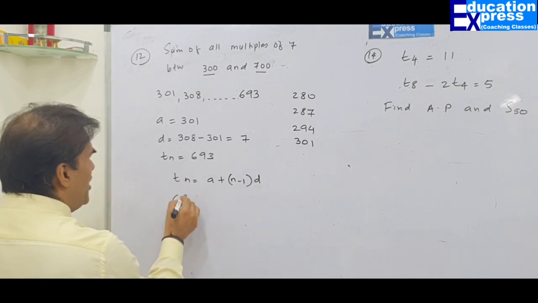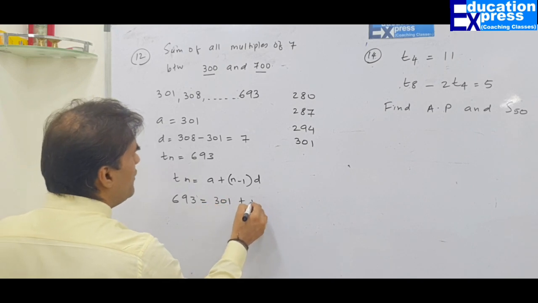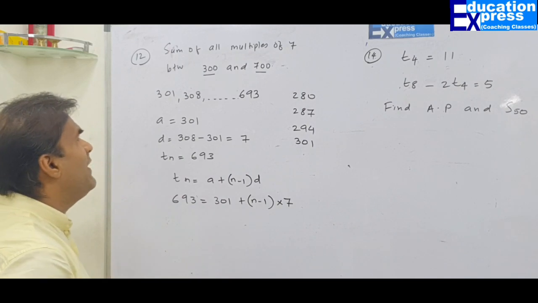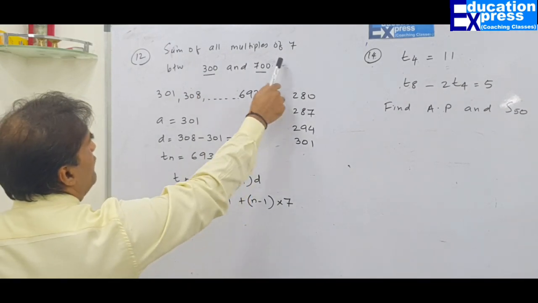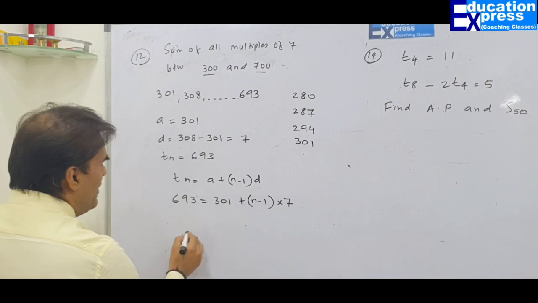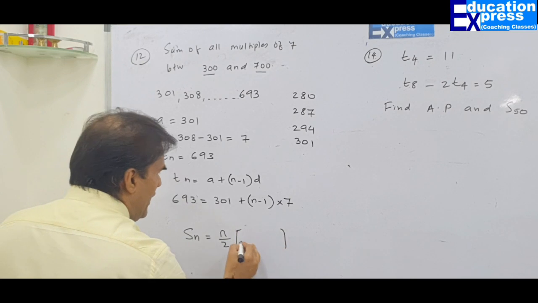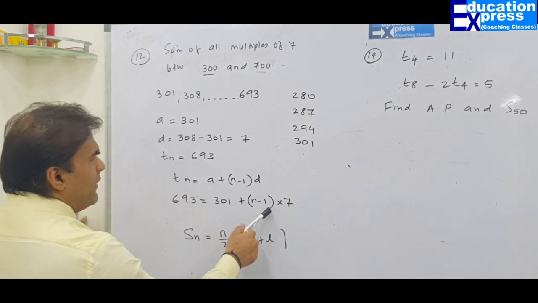When I substitute, I am going to get the value of n. Once I get to know the value of n, what do I need to do? Sir, you have to find the sum of all the terms. Since n will be available, Sn will be equal to n upon 2 (A plus L). You only have to find the value of n over here.